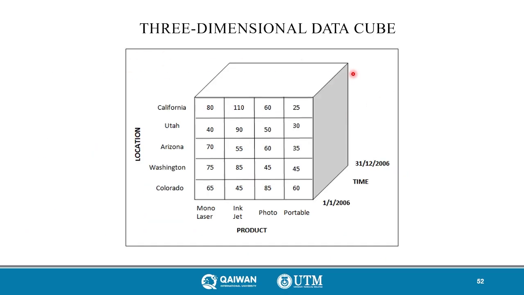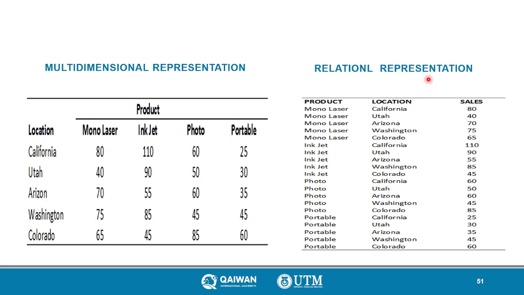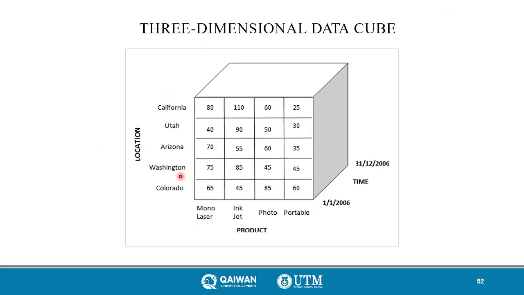Now, we have a three-dimension data cube. Instead of this or that, we can have something else, the three-dimensional data cube. We will call it the data cube. Now, we would have the location dimension, the product dimension, and the time dimension.